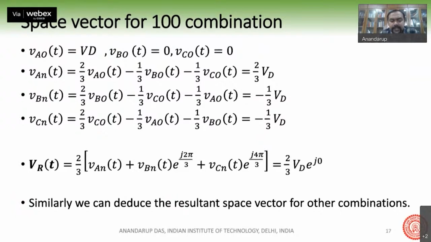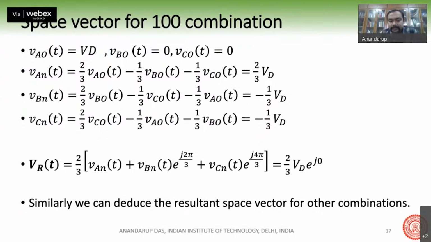Okay, and then we see that the resultant space vector VRT is 2/3 VD e to the power J0, means at an angle of 0 degree. Remember, space vectors are functions of time. So this is the instantaneous space vector.